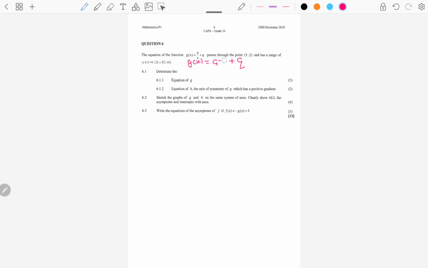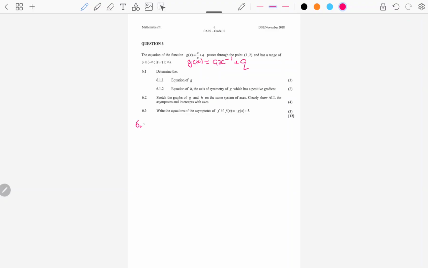Scratch that, sorry. This is actually a hyperbola graph because this can also be written as a times x to the power of negative 1 plus q. So that means this graph is a hyperbola.